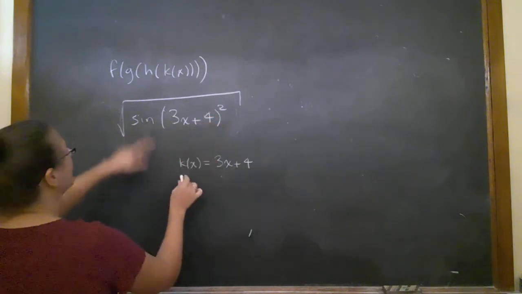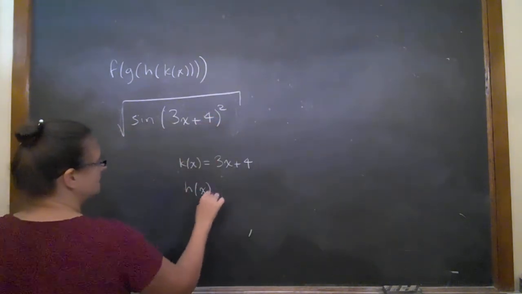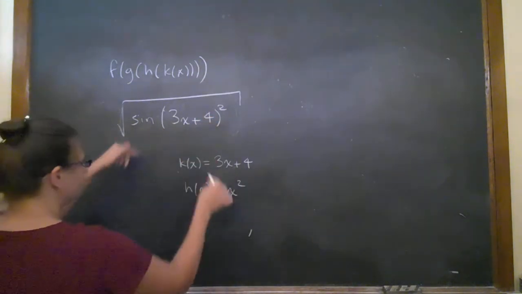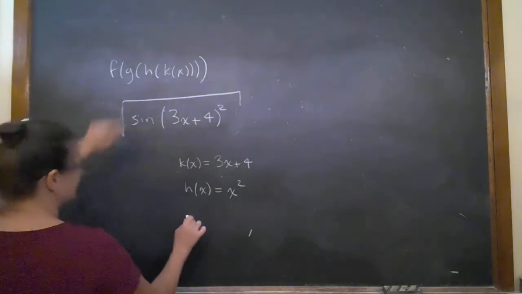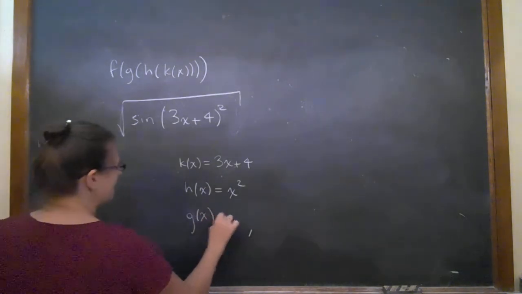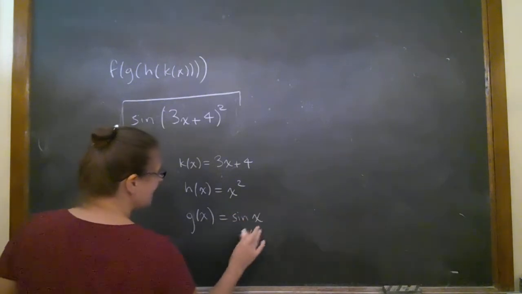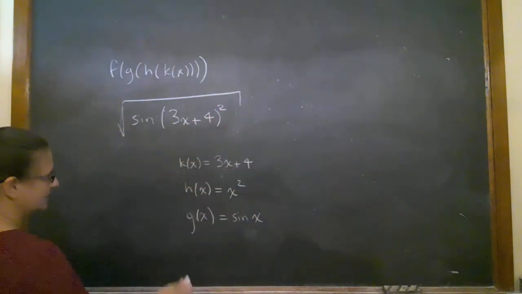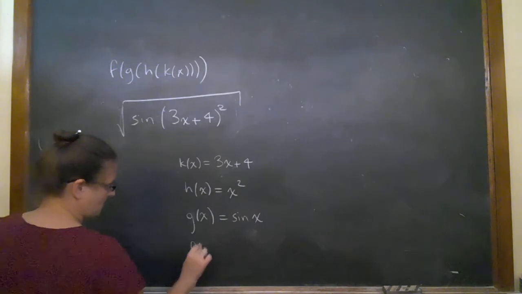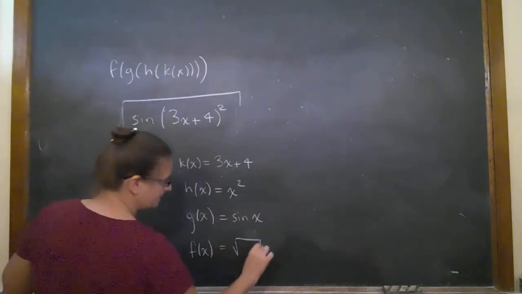Now I've got a square on that, so maybe that's my h. Then I've got a sine, so that is my g. And my most outside function is the square root, so that would be f.